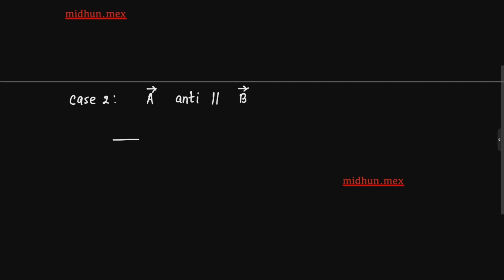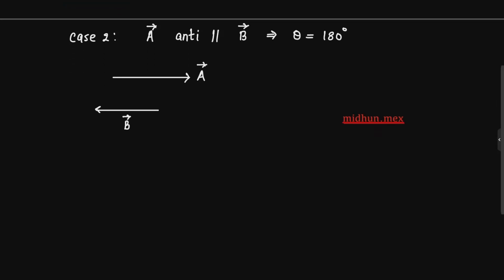So vector A may be towards right, while vector B may be towards left. When two vectors are opposite to each other, I want you to understand the angle between them, theta, we will take as 180 degrees.